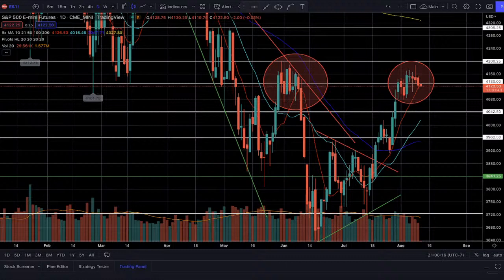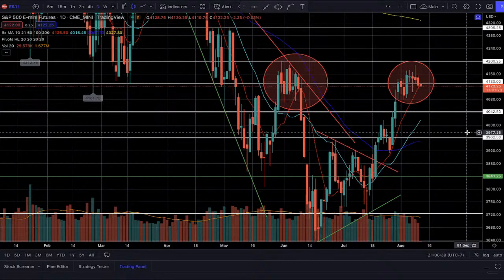So they're expecting a 0.20% increase in the core CPI. And guess what? The Federal Reserve tends to look at the core CPI, not the CPI. So I just want to see what the Fed will do.